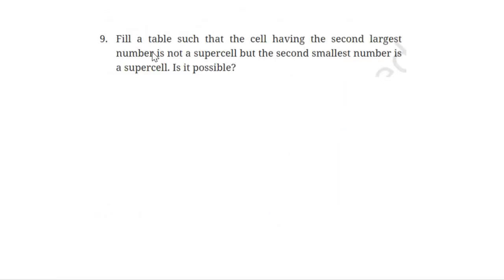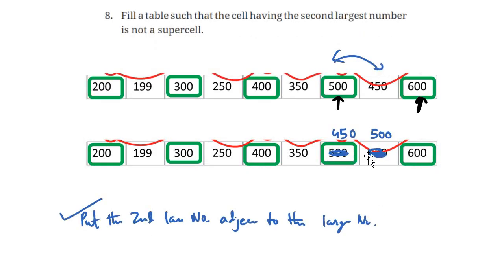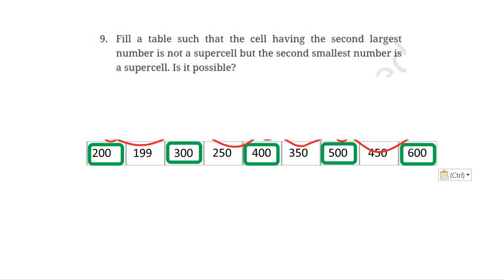Okay, last question. Fill a table such that the cell having the second largest number is not a supercell, but the second smallest number is a supercell. Now I have already done this over here. See, so this is just like the previous case. So let me do the swap yet again.